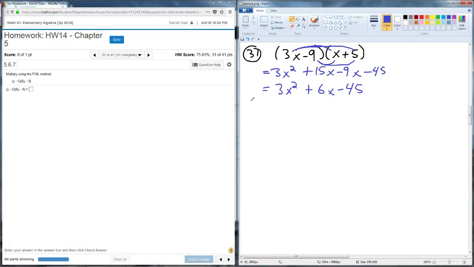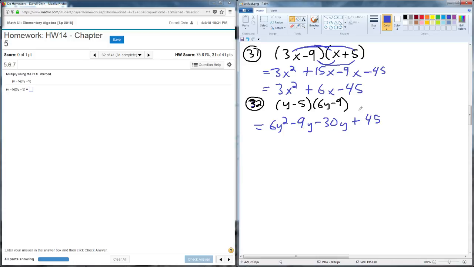We got 32. I believe it's the exact same problem. 32. Ooh. It is y minus 5, 6y minus 9. Let's do this. Y times 6y is 6y squared. Y times negative 9 is negative 9y. Negative 5 times 6y is negative 30y. Negative 5 times negative 9 is a positive. Negative times negative is positive 45.